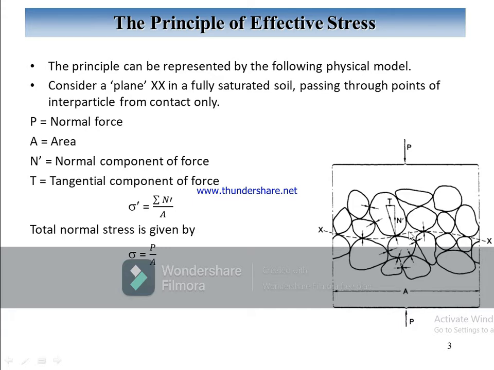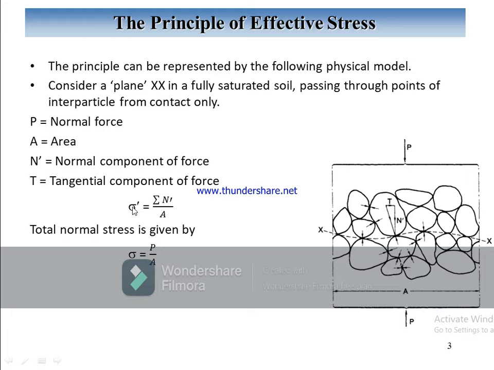The interparticle forces are very random in both magnitude and direction throughout the soil mass, but at every point of contact on the wavy plane they may be split into normal and tangential components, represented by N prime and T respectively. Then the effective normal stress is interpreted as the sum of all the components N prime within the area A divided by A, which is that equation.